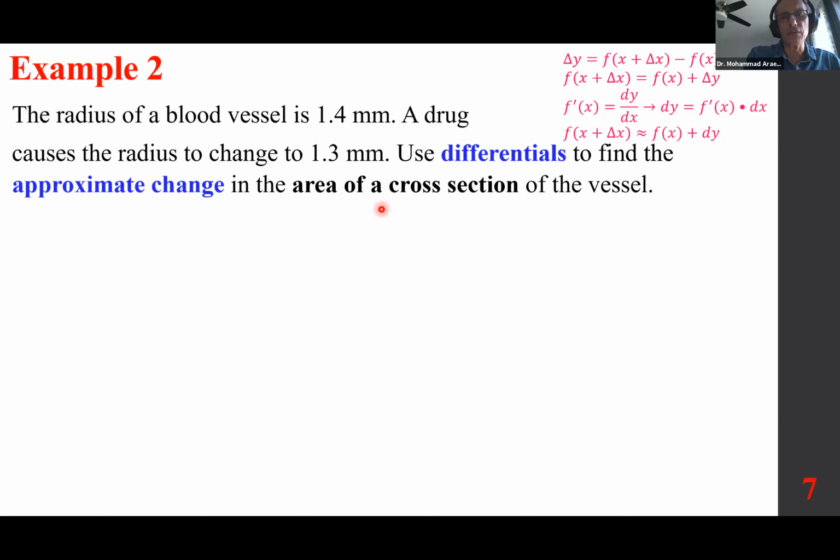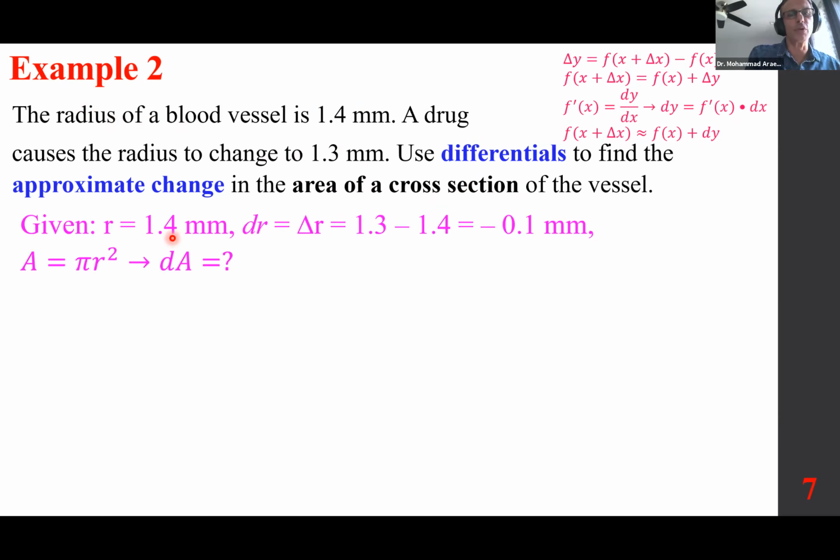We have to find a relationship between the area of a cross section in the circular form and the radius, which is obviously A equals pi r squared. So r is 1.4, dr is the new one minus the old one. Pay attention how you calculate this. With the approximation, we want dA.